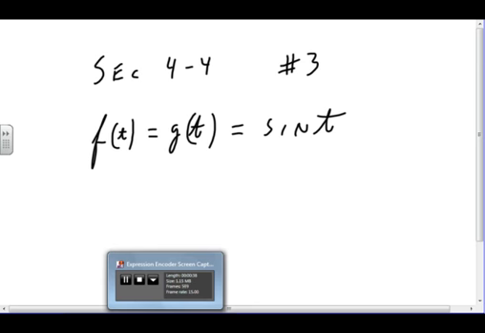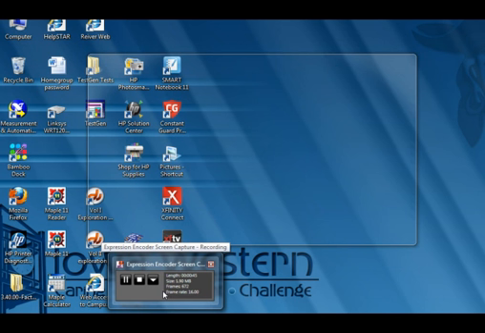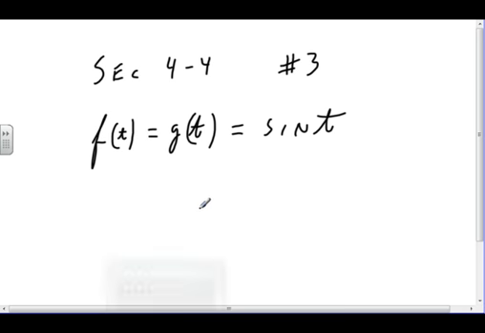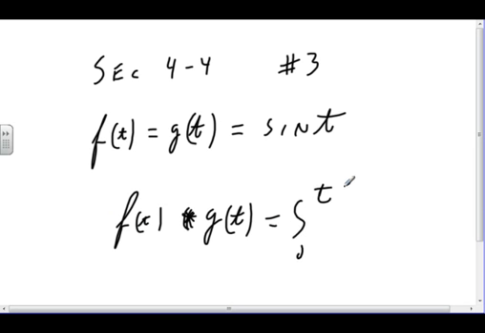So convolution says that f of t convoluted with g of t is equal to the integral from 0 to t of f of tau g of t minus tau d tau.